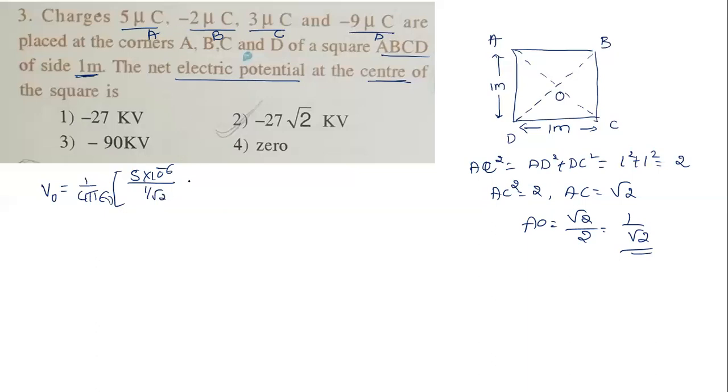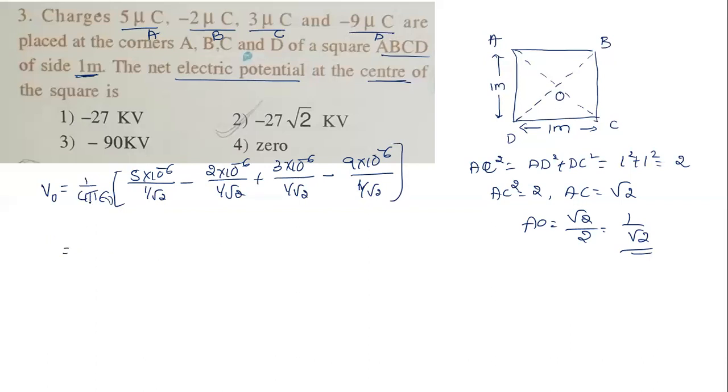Next charge is minus 2 into 10 power minus 6 divided by 1 by √2. Next charge plus 3 into 10 power minus 6 divided by 1 by √2. Next is minus 9 into 10 power minus 6 divided by 1 by √2. All distances are 1 by √2.